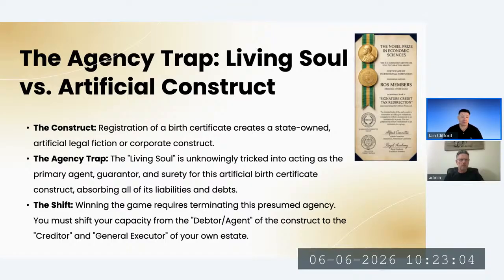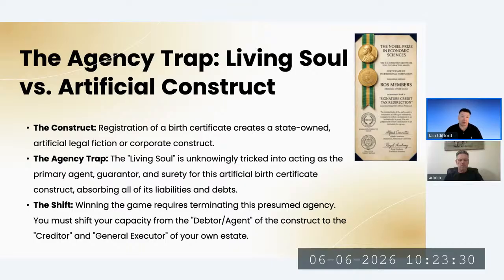You have the living soul who's not on the Monopoly board but is a player, and you have the player piece, which is the citizen or the straw man or the ens legis, within this artificial construct game. I call it the Monopoly board of commerce, and it's where all of the transactions are going on.